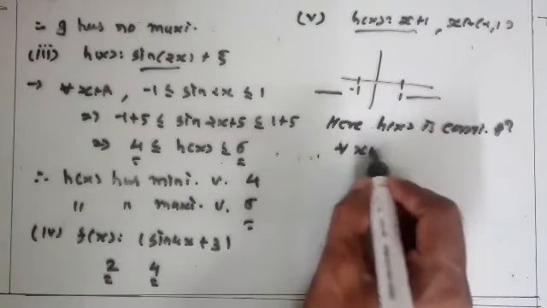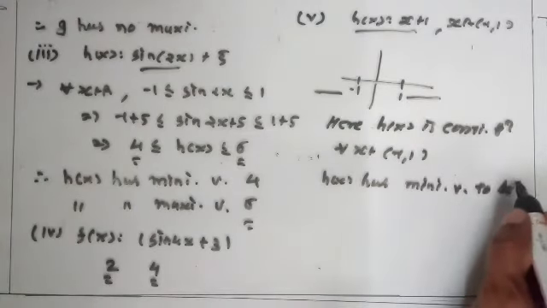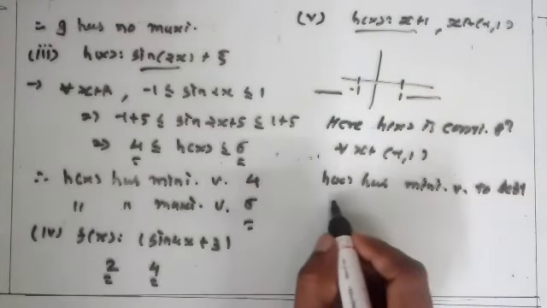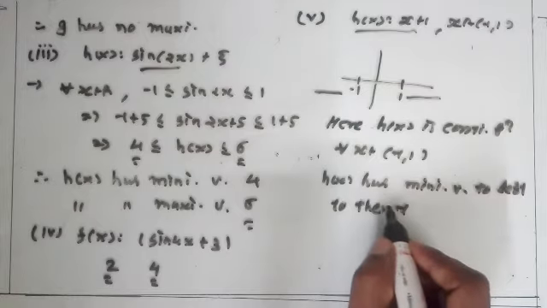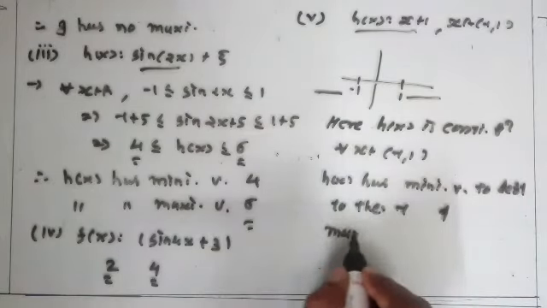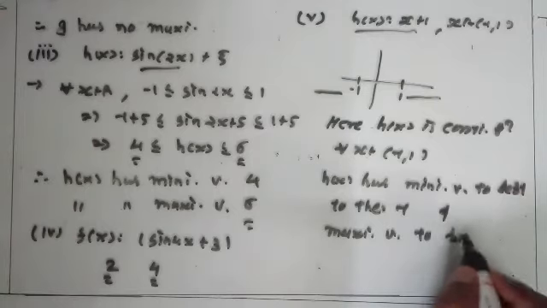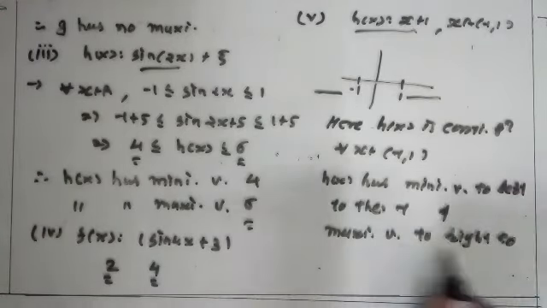So h(x) has the minimum value to the right of -1 and the maximum value to the left of 1.